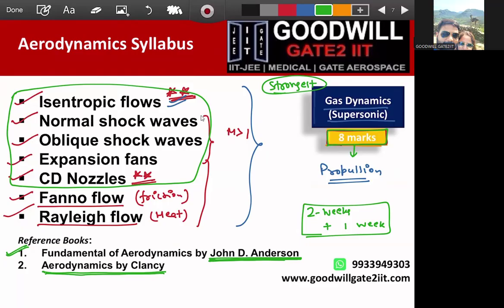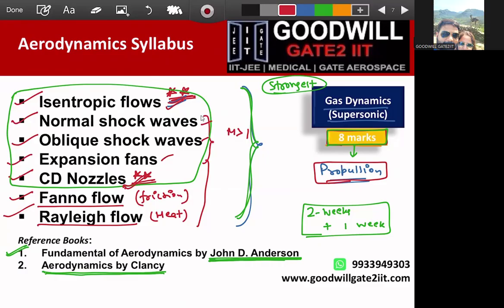If you're good in gas dynamics, you will be super strong in propulsion, and you will understand all compressor, turbine, jet propulsion, rocket propulsion equations, because all these properties, isentropic flows, CD nozzles, all kinds of shock waves will be present in your aircraft engines. In rockets also you have all these properties.